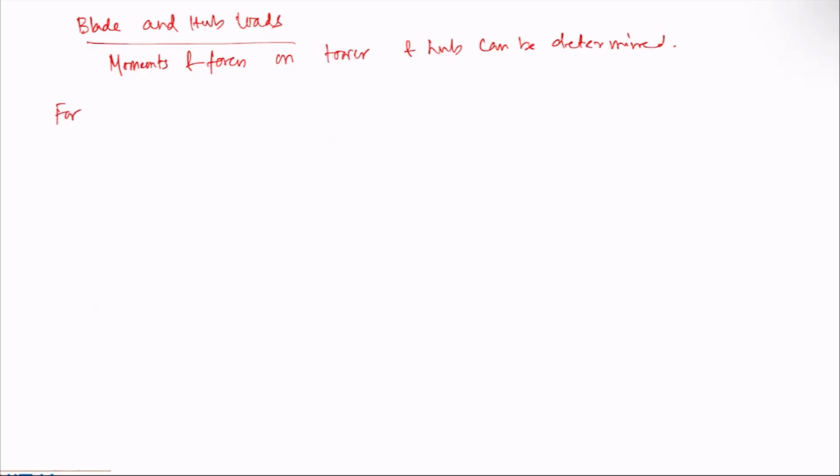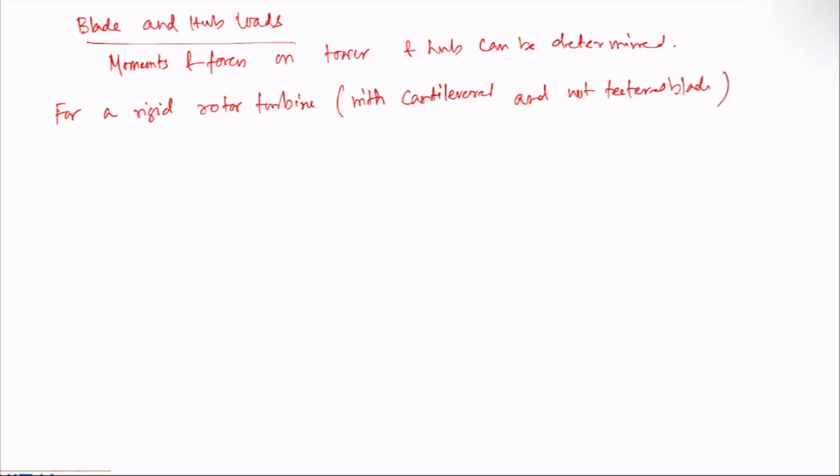So for a rigid rotor turbine with cantilevered and not tethered blades, both flapping and lead lag movements are transmitted to hub.